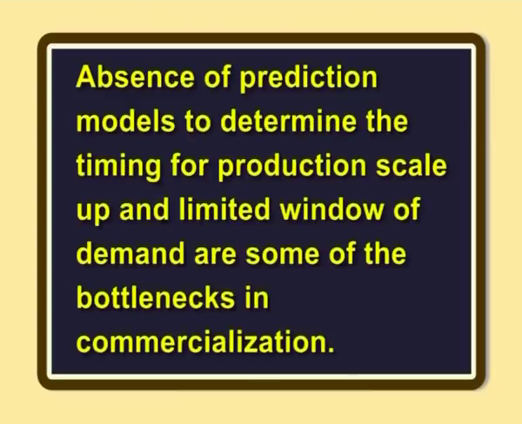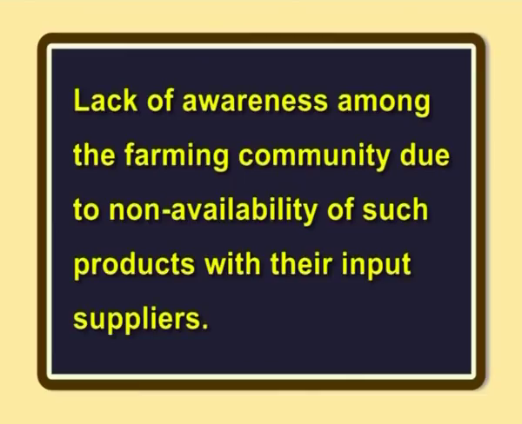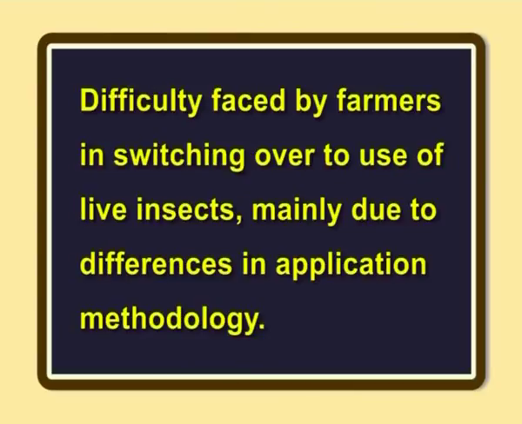Absence of prediction models to determine the timing for production scale-up and limited window of demand are some of the bottlenecks in commercialization. Lack of awareness among the farming community due to non-availability of such products with their input suppliers. Difficulty faced by farmers in switching over to use of live insects, mainly due to differences in application methodology.